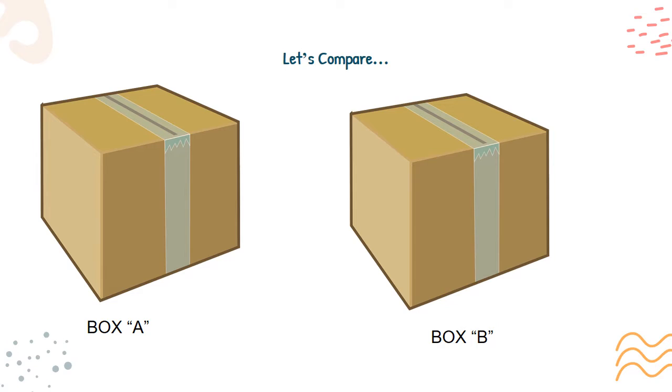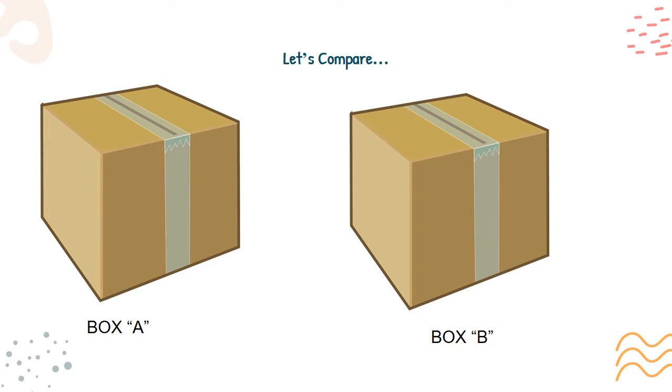So here we have two pictures of boxes. They are box A and box B. Do you find any differences between box A and box B? Good. So here we have the same size for box A and box B, and also they have the same color, same pattern, and same size.